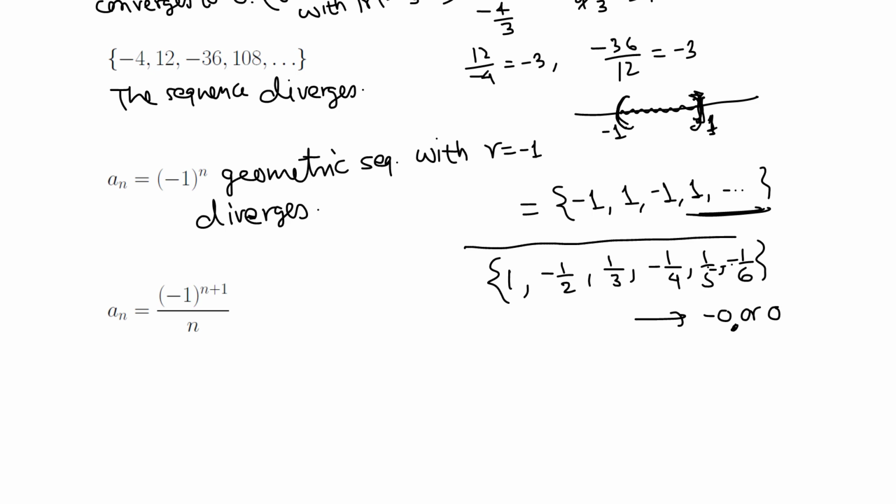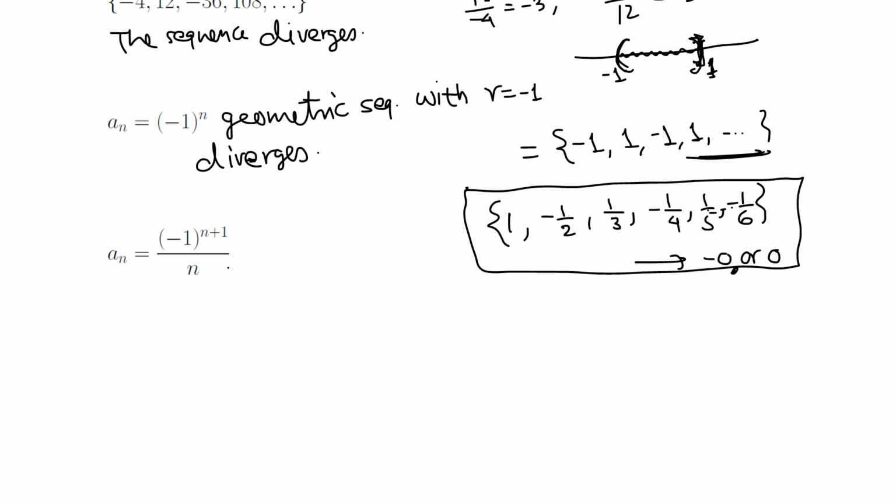Okay, that's one way to check. But if you want to write down the reasoning here, we can take the limit of its absolute value. If this limit goes to 0, the limit without the absolute value also goes to 0. We were supposed to find the limit of this thing without absolute value, but that's difficult, so I want to take the absolute value.